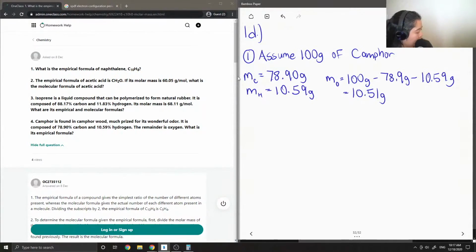Okay, so now we have the masses of all of our atoms. Now we have to find the number of moles. For carbon, it is 78.9 divided by 12.01. Okay, so this gives us 6.57.